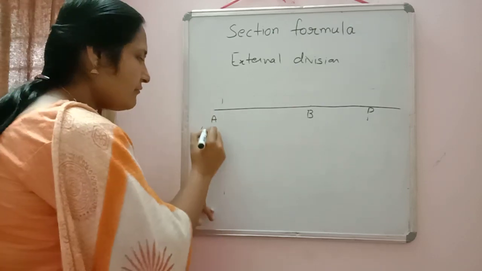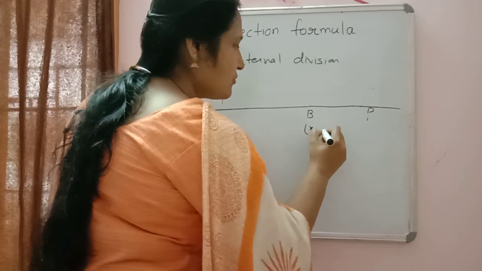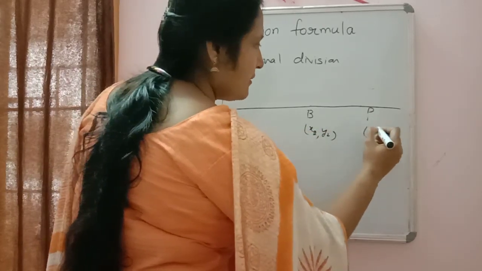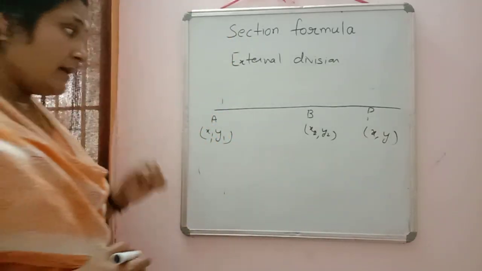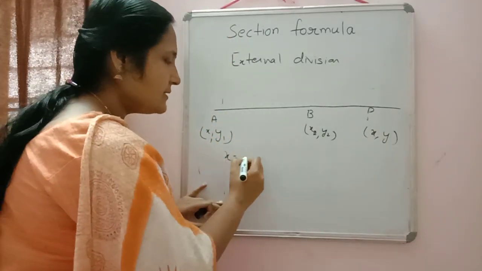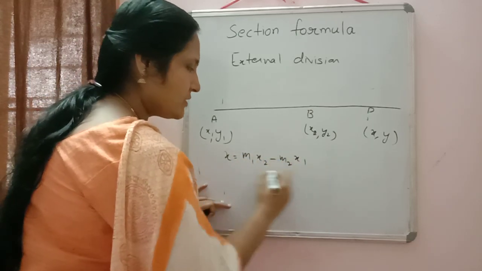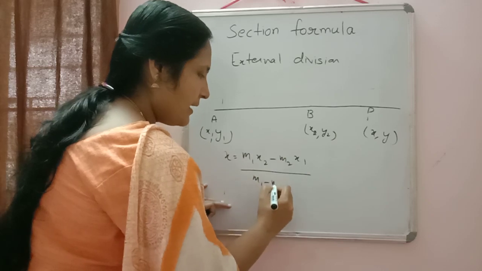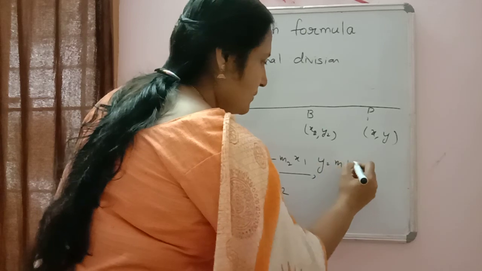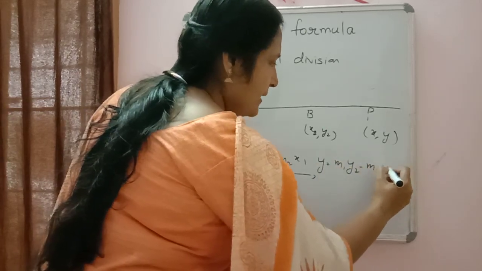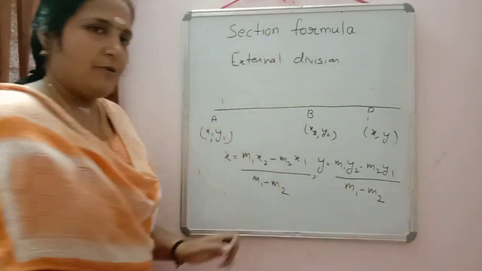And if coordinate of A is x1 comma y1, coordinate of B is x2 comma y2, and coordinate of P I have taken x comma y, then the formula will come in this way. X is equal to m1 x2 minus m2 x1 by m1 minus m2. Similarly, y coordinate will be equal to m1 y2 minus m2 y1 by m1 minus m2.